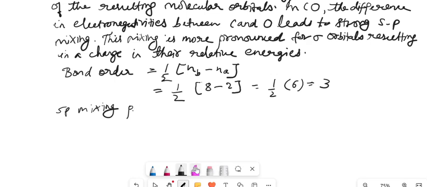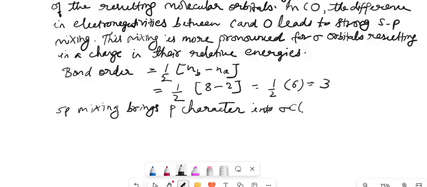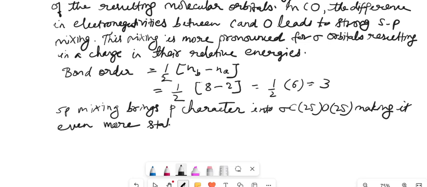sp mixing brings p character into the sigma C2s O2s molecular orbital, making it even more stable.